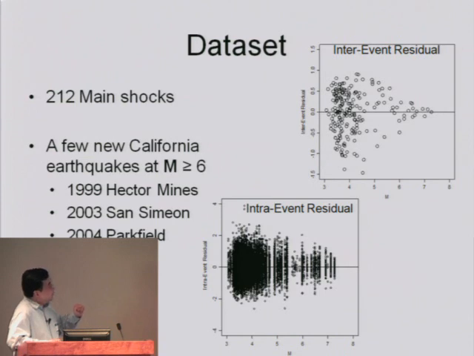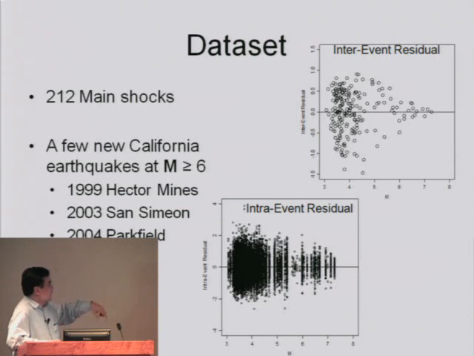Okay, and the inter-event terms for those 212 main shocks, computed relative to that small magnitude model, are plotted in the top figures. As you can see, the scatter of those inter-event terms is the largest at small magnitudes. As you go to larger and larger magnitude, the scatter becomes smaller and smaller.